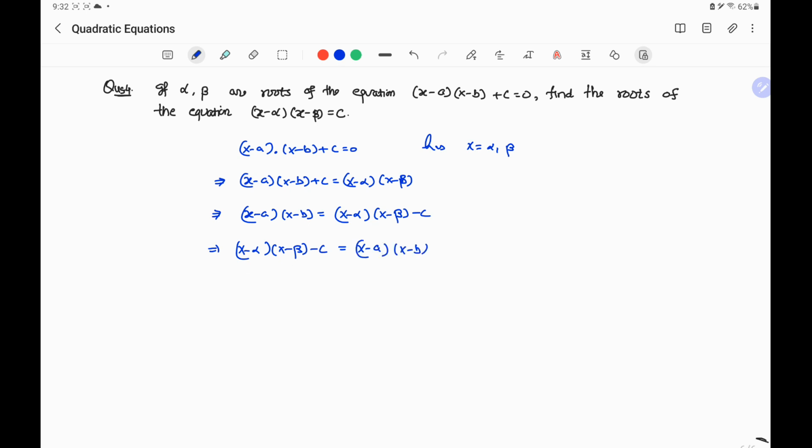This expression will become 0 when x will be a or x equal to b. So we can say that the roots of the equation x minus alpha into x minus beta minus c equal to 0 will be x equal to a and x equal to b.